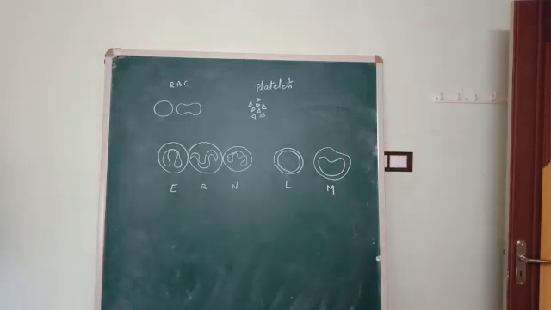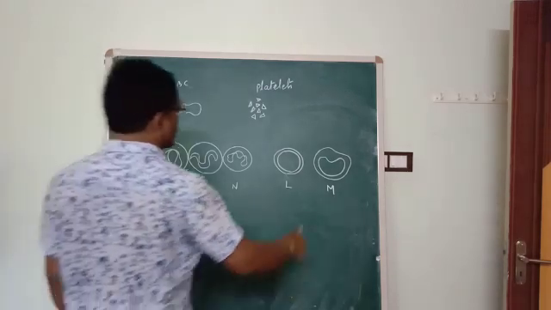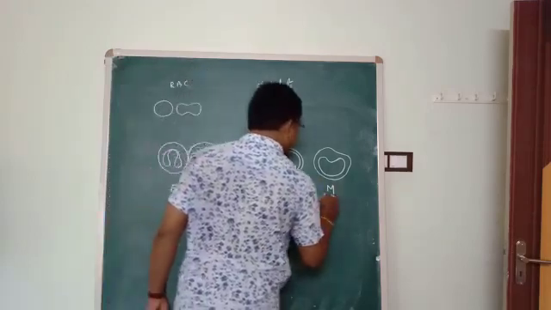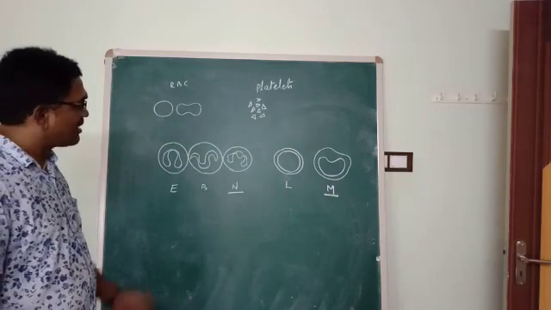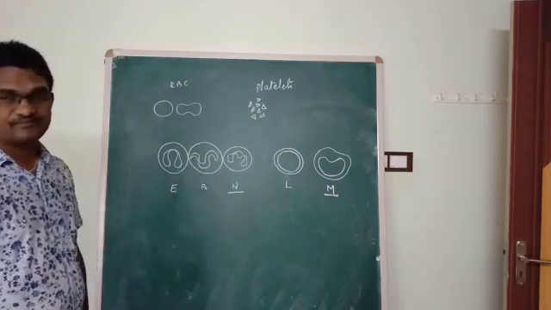Of those all, what are the largest WBC? Monocytes are the largest WBC. Smallest WBC are neutrophils. Phagocytic WBC are neutrophils and monocytes. Most active phagocytic cells in blood are monocytes.